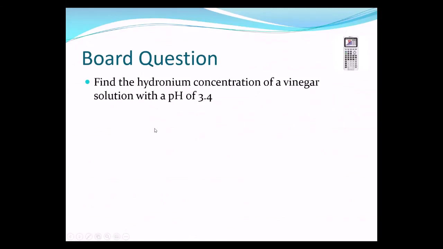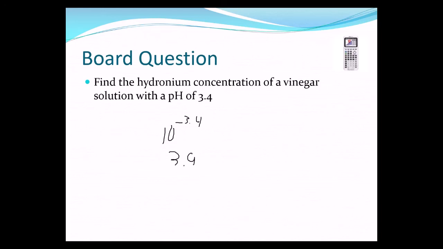Okay, yeah. So I'll just do this board question. It's the same idea. So I just want to go 10 to the negative 3.4. So I go second log 10 to the negative 3.4. Make sure you're putting in that negative and use the negative, not the minus.